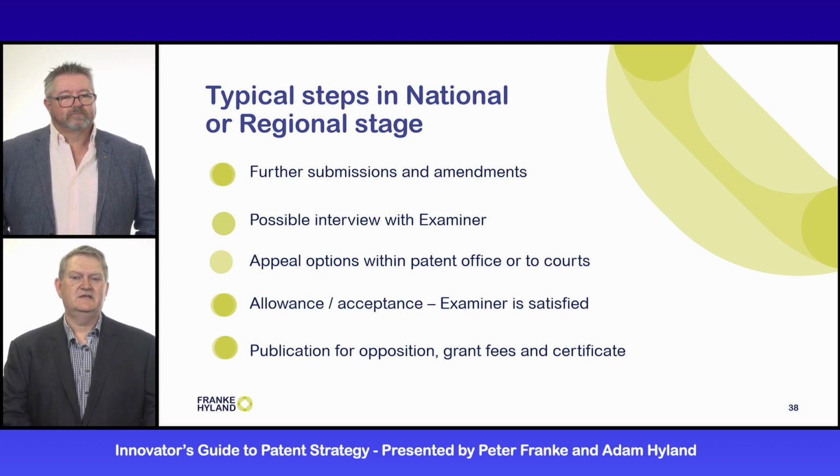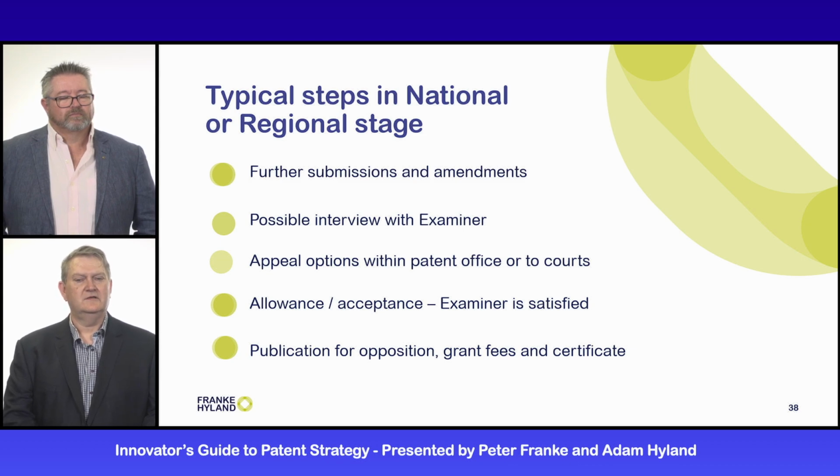So once the examiner is satisfied, then they'll issue a document that says the case has been allowed or accepted, and that just means the Patent Office itself is satisfied. The application gets published to allow for possible opposition. So it's put out there basically saying this is the patent we're going to grant unless somebody objects, and third parties can intervene and oppose.